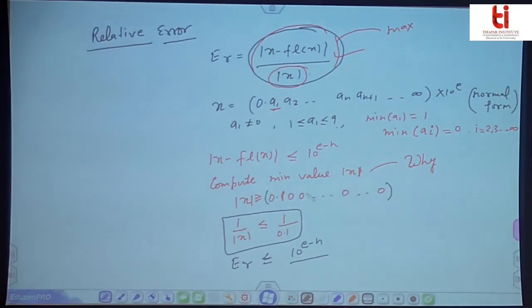One mistake: it is 10 raised to power e here also, because x already contains this 10 raised to power e. I am always leaving this out, so just keep it in mind. So the value of 1 upon mod of x is 1 upon 0.1 into 10 raised to power e. What you are getting here is 10 raised to power minus n upon 0.1, which is equivalent to 10 raised to power 1 minus n.